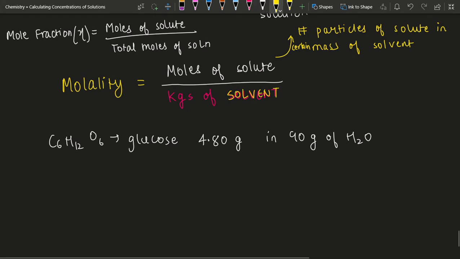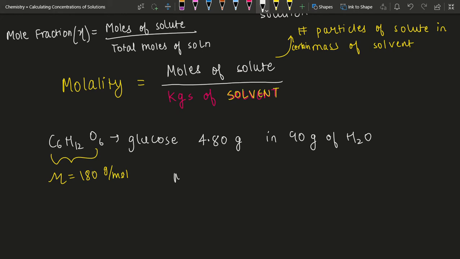So for instance, I'm just writing out that the molar mass of C6H12O6, of glucose, is 180 grams per mole. It's not strictly that, but we can take it for okay accuracy.